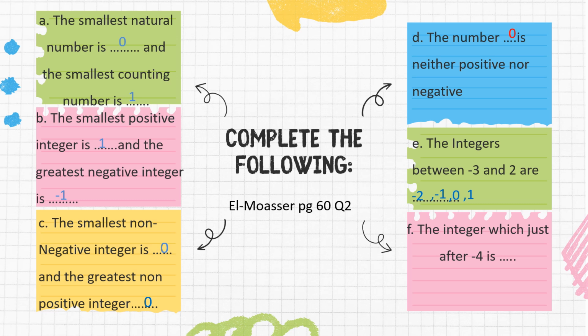Okay, next. The integer which is just after minus 4 is, what do we mean just after minus 4? Think. Minus 3. Why minus 3, not minus 5? Because it is just after, it means the greater. When we move to the greater, we move to the right of the number. We are going toward the 0. Okay, next.